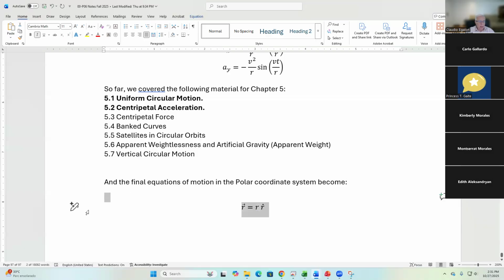Okay, the velocity vector is going to be the speed, but now this velocity vector is going to be in the direction of the theta hat vector.